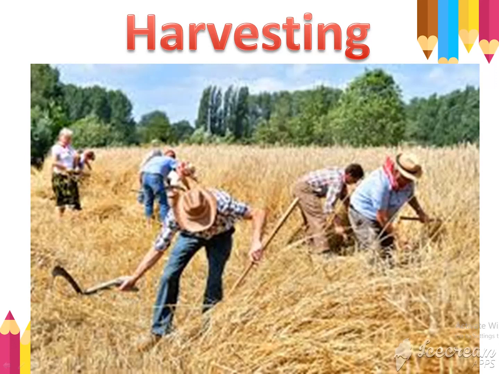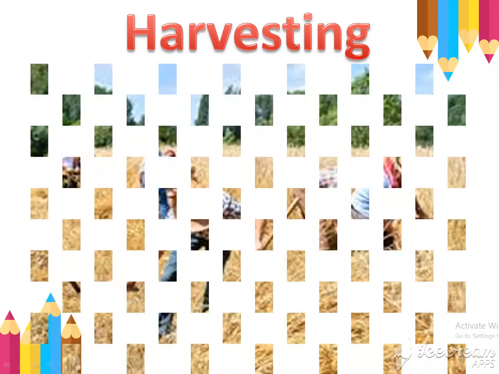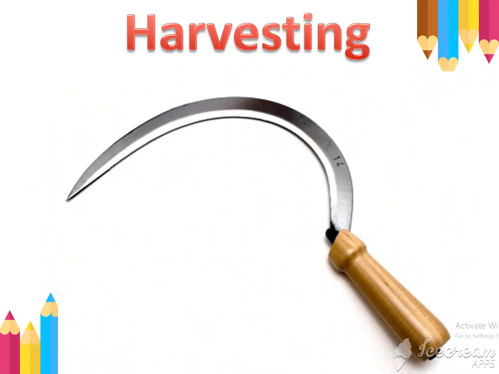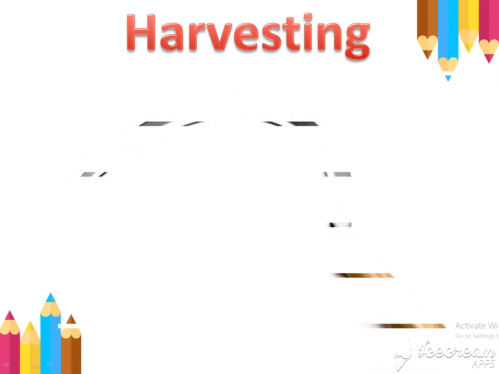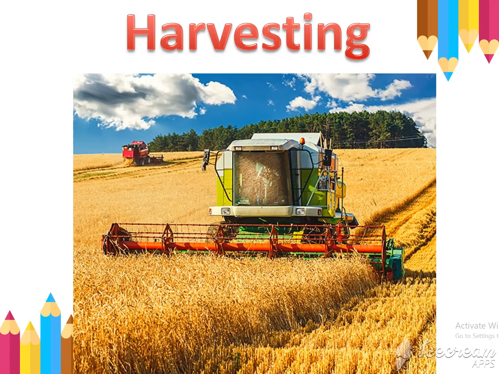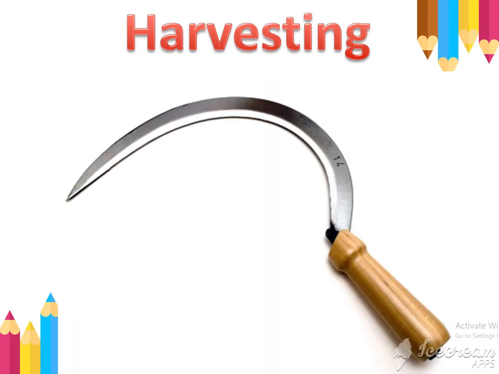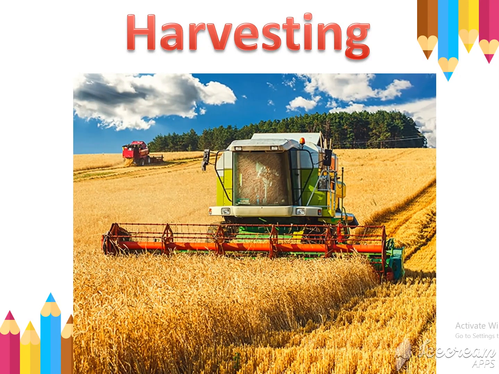Harvesting is done manually with the help of the instrument called sickle, or with the help of a machine which is called harvester.